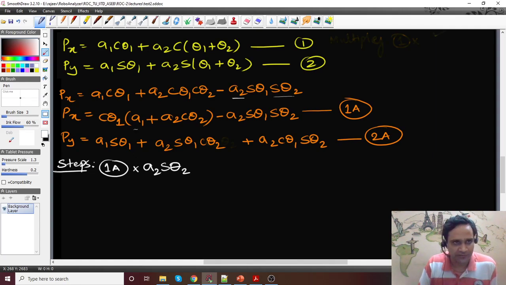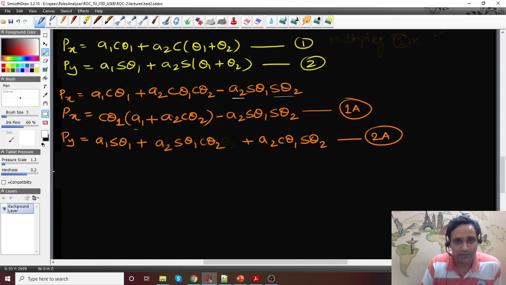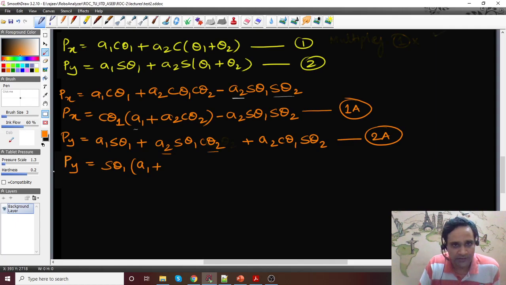Let me cut this, I'm sorry. It takes a while. Please don't expect that inverse kinematics is very simple. So py I will also write in terms of common factors. Taking sin theta 1 out, it is sin theta 1 times (a1 plus a2 cos theta 2) plus a2 cos theta 1 sin theta 2.